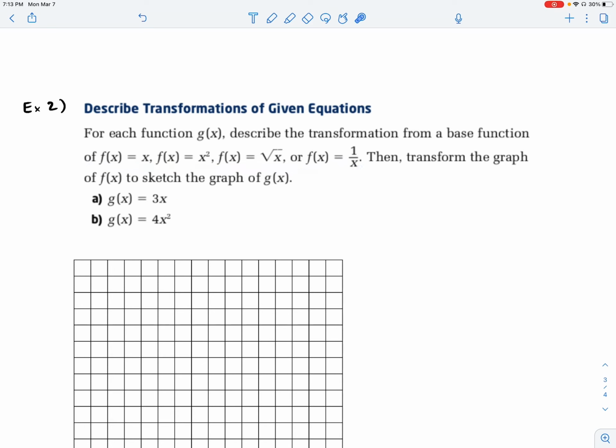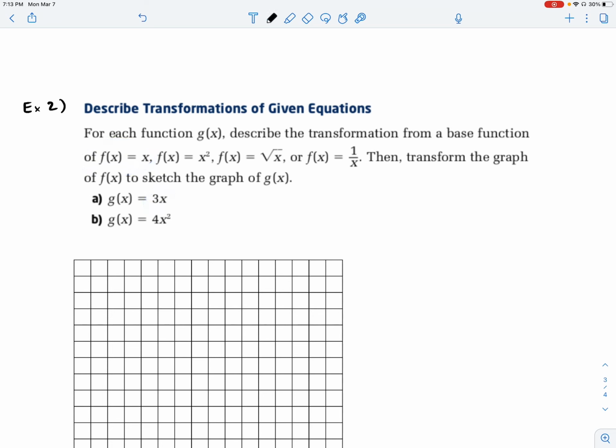I can tell by the form of this. I don't see any squares, so it's not this one. I don't see any roots, so it's definitely not this one. And it's not even in the form of 1 over x, or 3 over x, so it's not this one. It looks a lot like the linear type. It's just 3x, so it's linear.